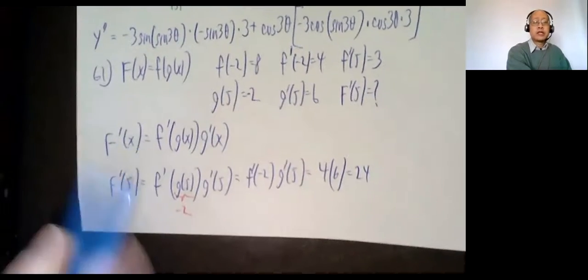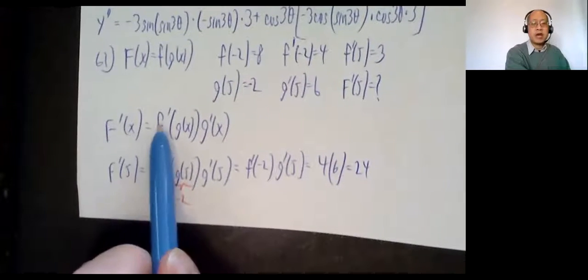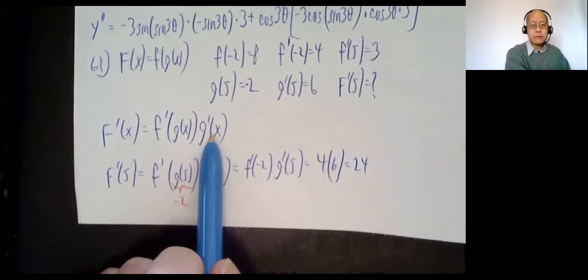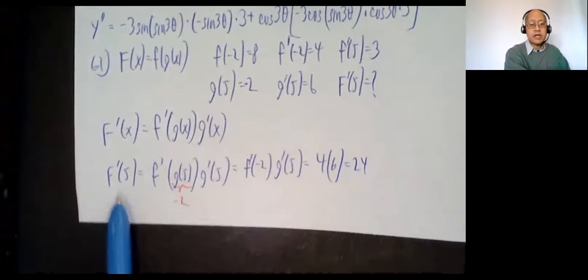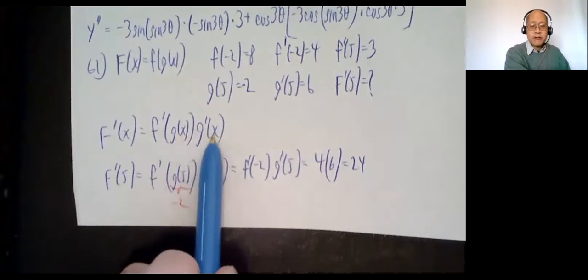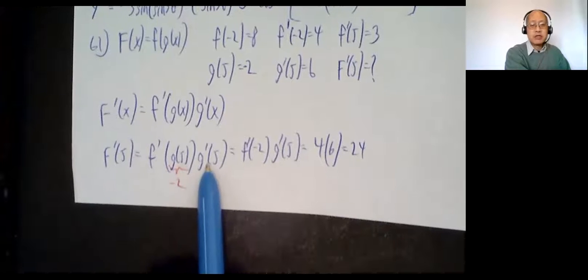Right. So by the chain rule, capital F prime of x is little f prime of g of x times g prime of x. The question asks for capital F prime of 5, so I put a 5 right there, and a 5 right there. So it's f prime of g of 5 times g prime of 5.